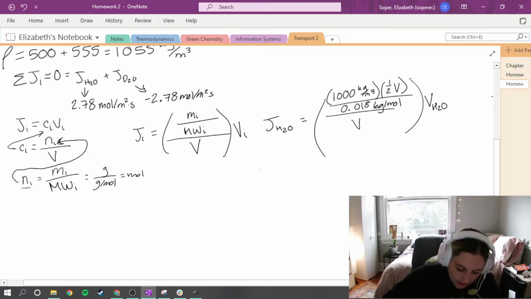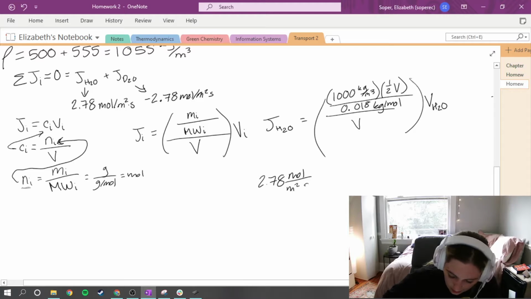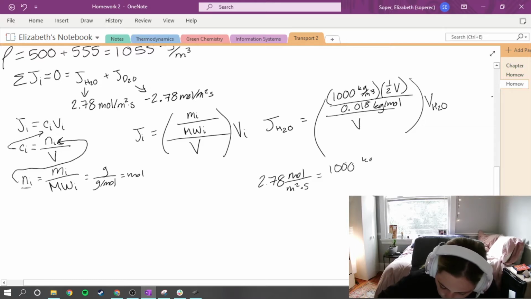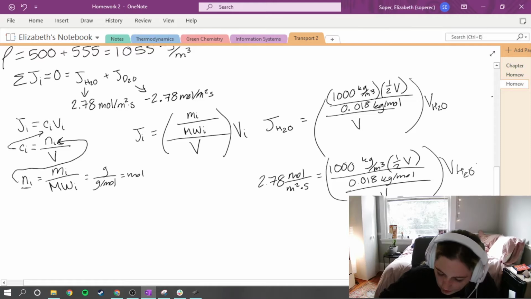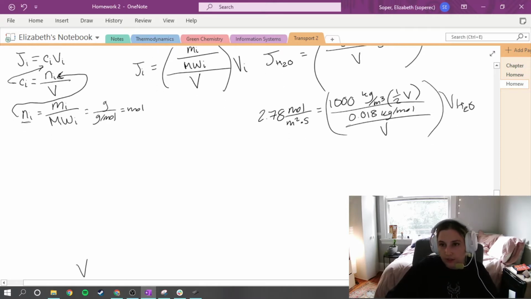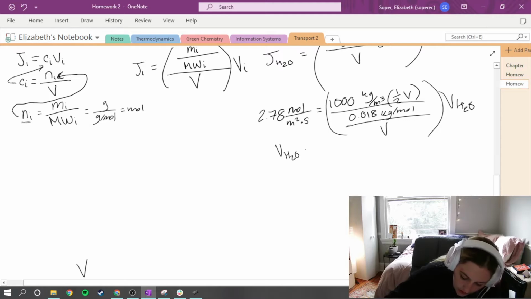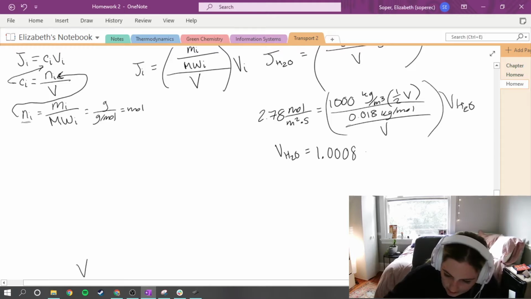We know that the molar diffusive flux is 2.78, and we can then solve for the velocity of H2O. I already calculated this in my calculator, and it's going to equal 1.0008 times 10 to the negative 4th meters per second.